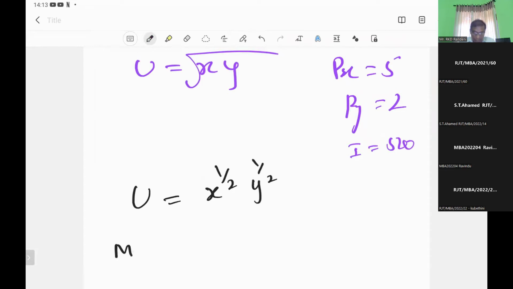Then MUX, you can differentiate this with respect to x: half, x to the power minus half, y to the power half.